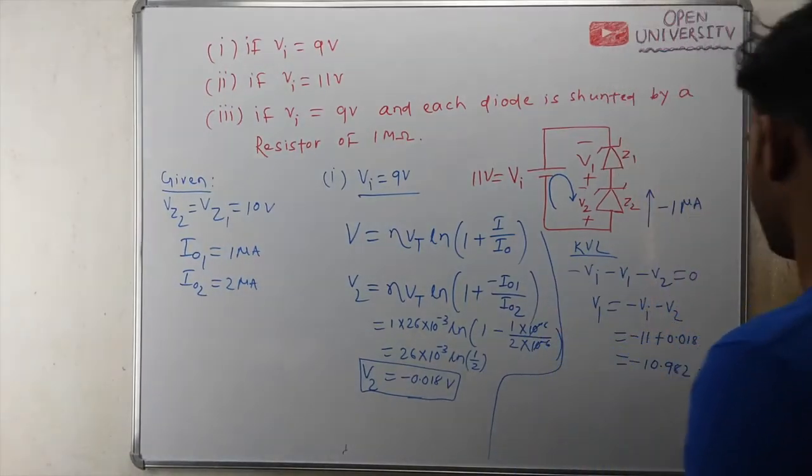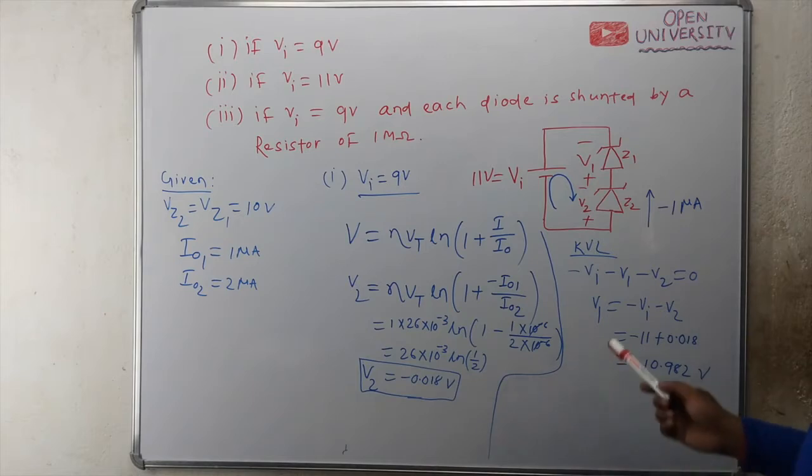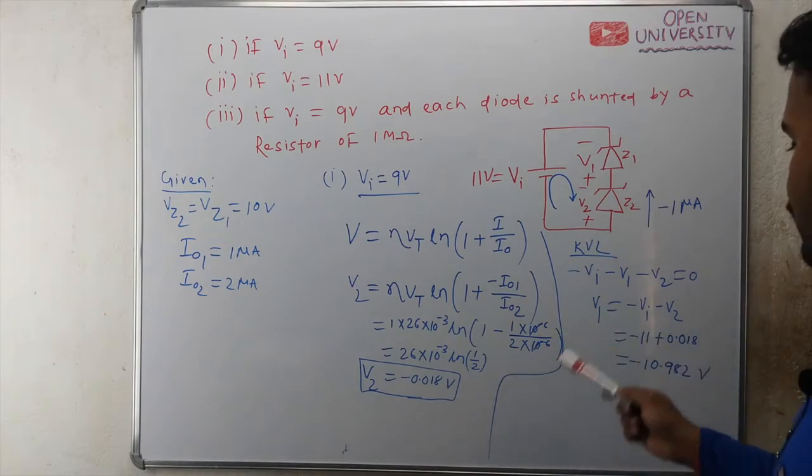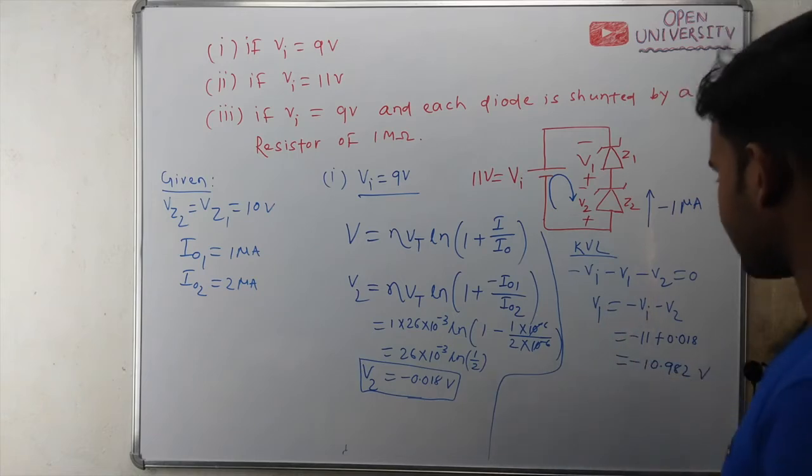Now here you need to do some check, by finding out the voltage across each diode, whether both the diodes are in breakdown or not. So how to check?